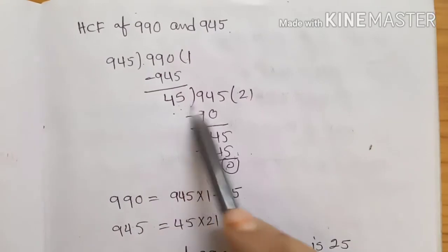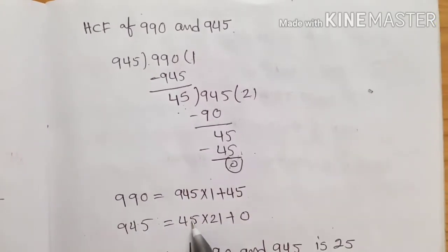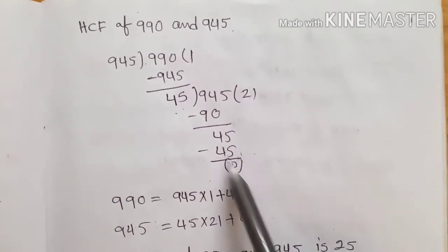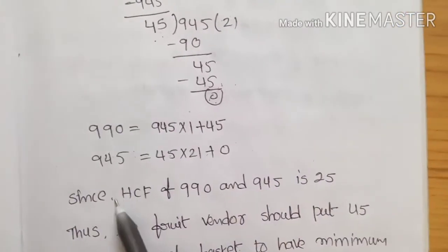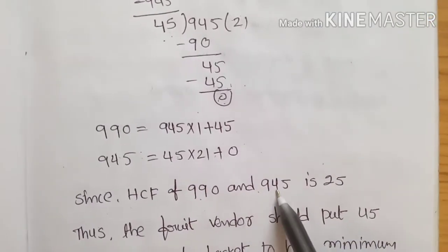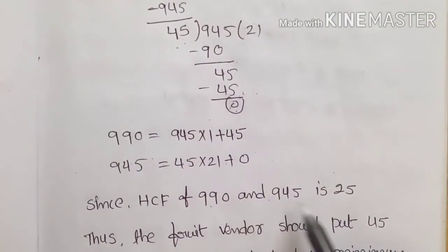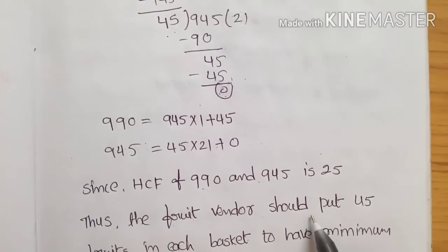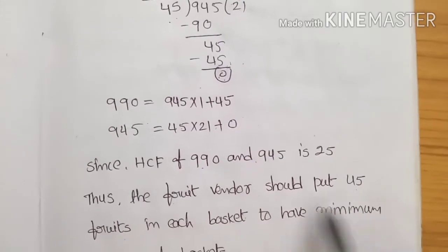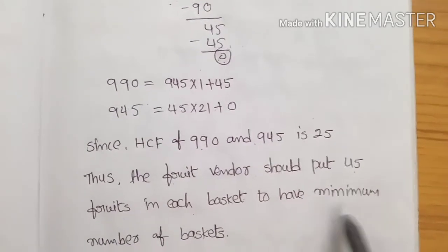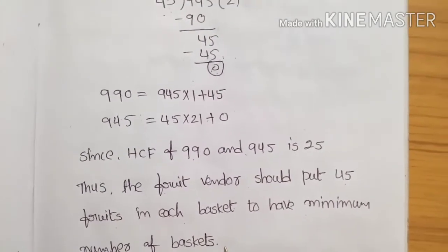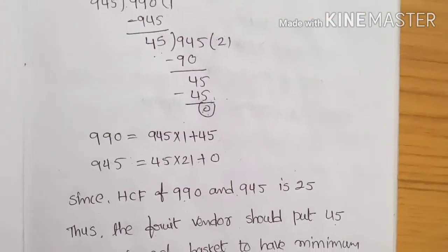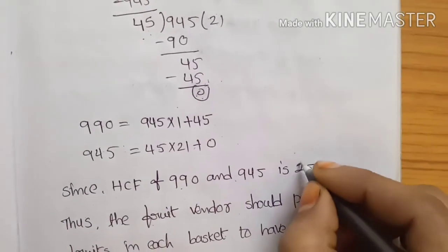Then next, 945 = 45 × 21 + 0. Since the HCF of 990 and 945 is 45, thus the fruit vendor should put 45 fruits in each basket to have the minimum number of baskets. Okay, sorry, this is 45.